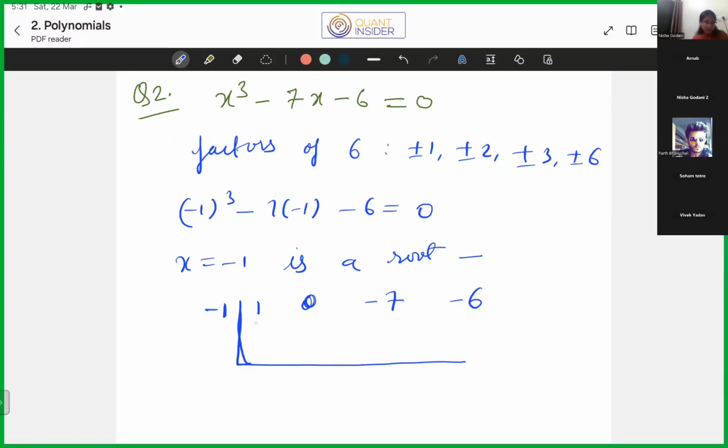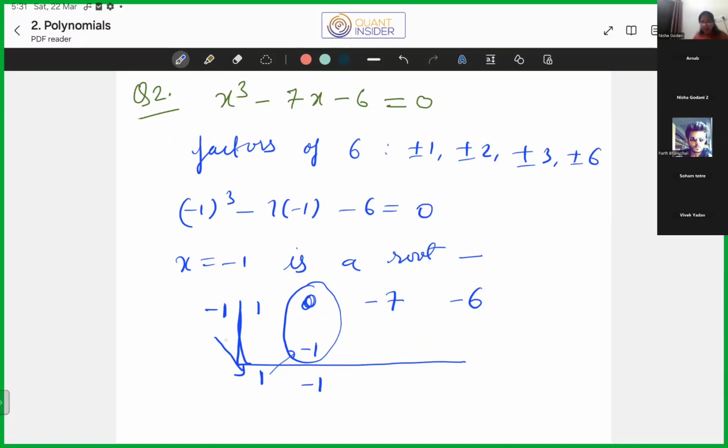So the first term is 1, as it is. Now you multiply this minus 1 and 1, so you have minus 1, write it here. Now 0 and minus 1 are added, so you have minus 1.